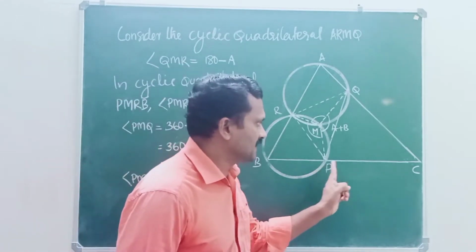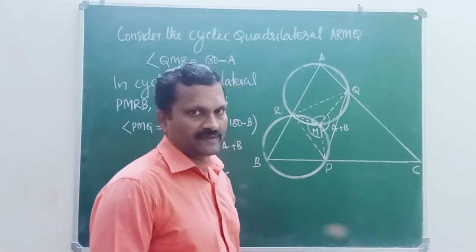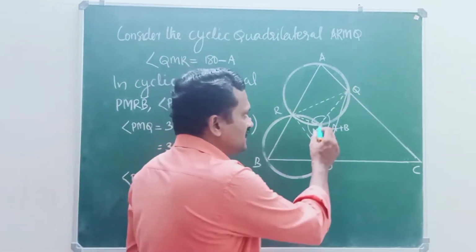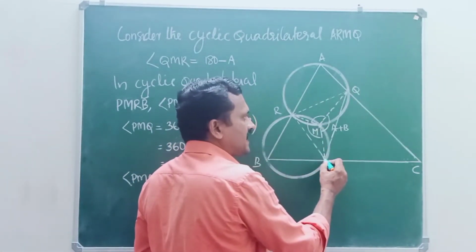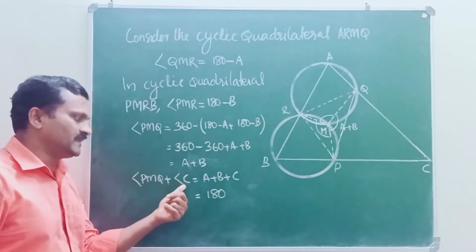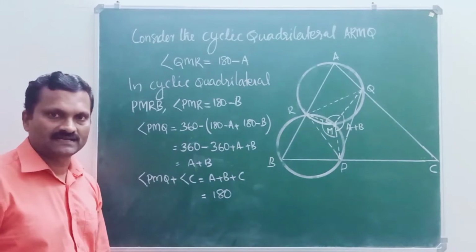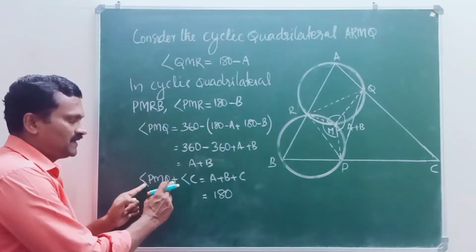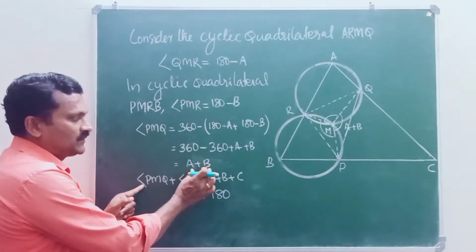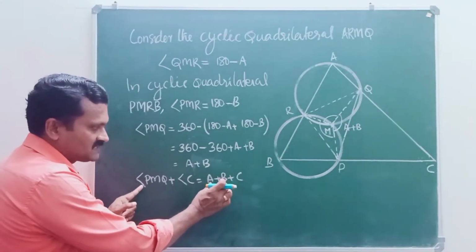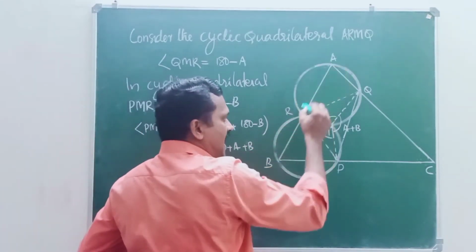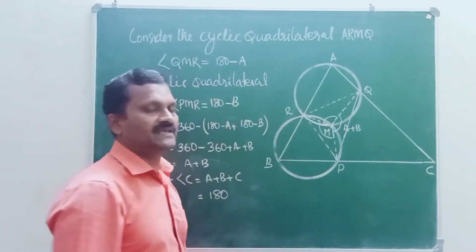In the quadrilateral PCQM, can you see that quadrilateral PCQM in the figure? Yes. The opposite angles are angle PMQ and angle C. First we find the sum of the opposite angles, angle PMQ plus angle C, which, since angle PMQ is A plus B, is A plus B plus C. Here A, B, C are the angles of triangle ABC.